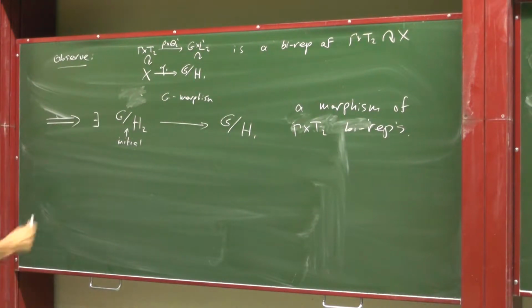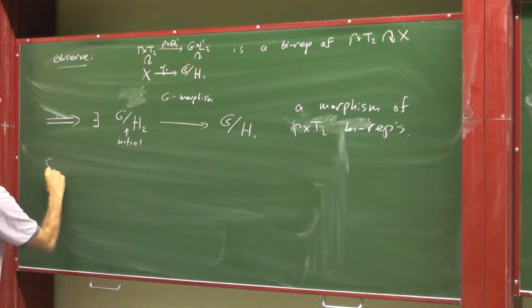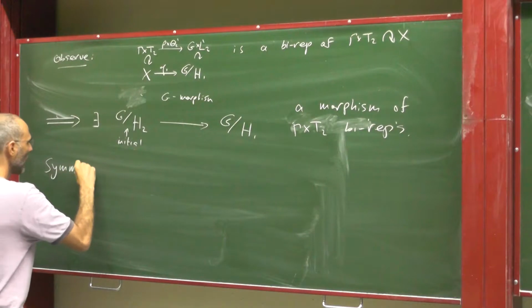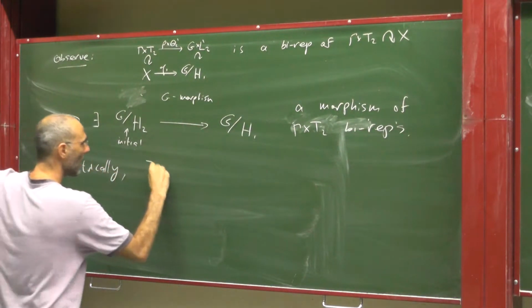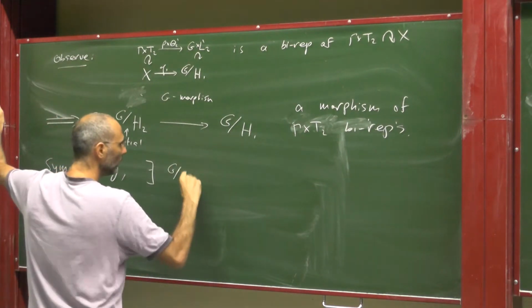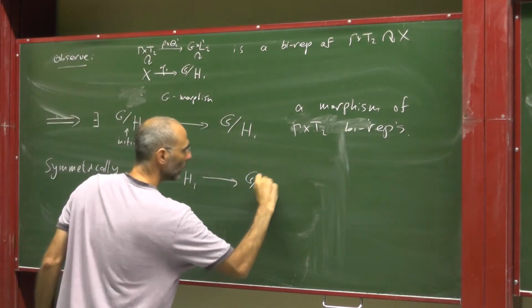Okay? Fine. But the role of 1 and 2 was symmetric, right? I didn't use any property of T1 that was not a property of T2. I mean, I can invert the roles of T1 and T2. Symmetrically, I can find a map G mod H1 to G mod H2.